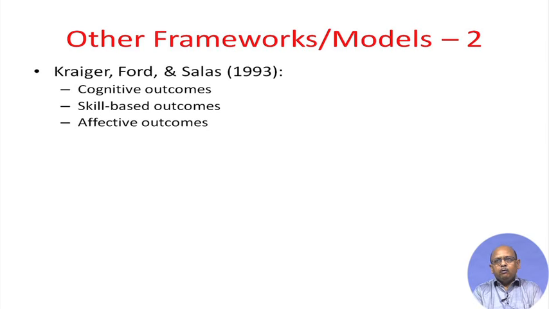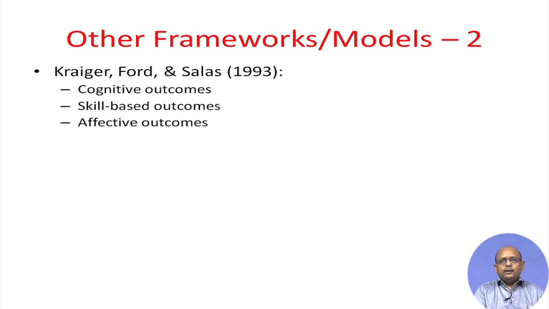So, this model you will find is closely related to the Kirkpatrick model, because he also talks about reaction, feedback, learning assessment, that is knowledge part, then behavior, whether he is able to apply it to improve his behavior and performance, and ultimately whether there is a change in the behavior or performance or not.